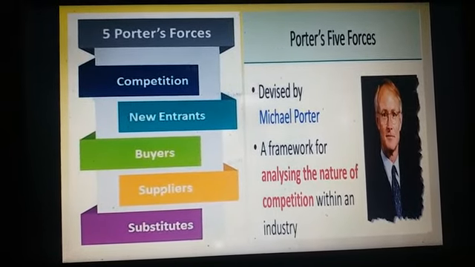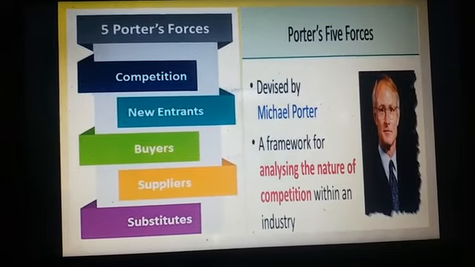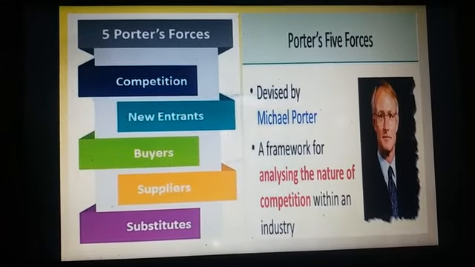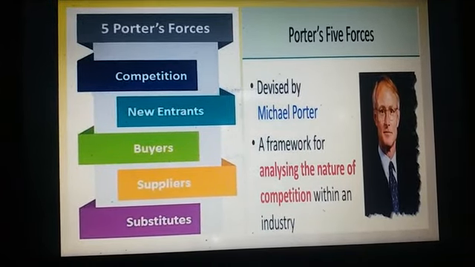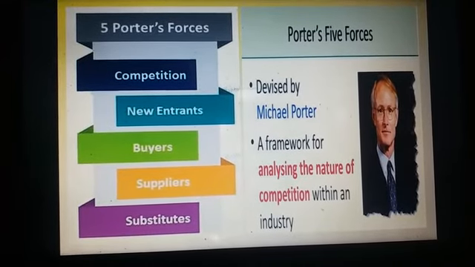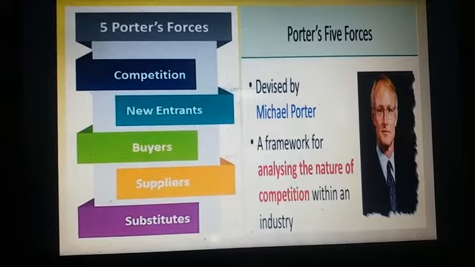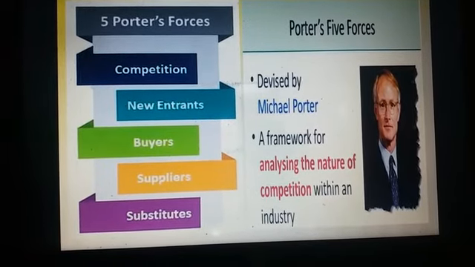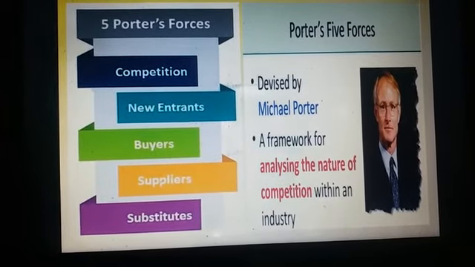The strength of these five forces will determine the level of profit within an industry that a competitor can expect. Through this model, Porter classified five main competitive forces that affect any market and all the industries.